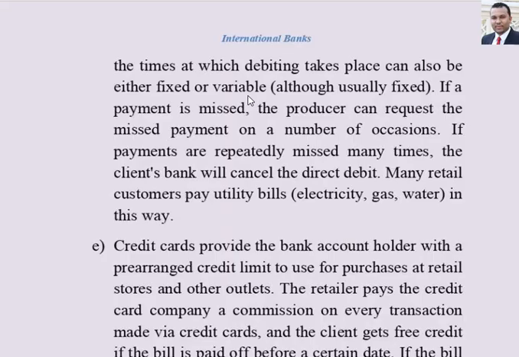If a payment is missed between the client and the producer, the producer can request the missed payment a number of times. Examples are when a corporate or individual pays utility bills like electricity, telephone, gas, and water.